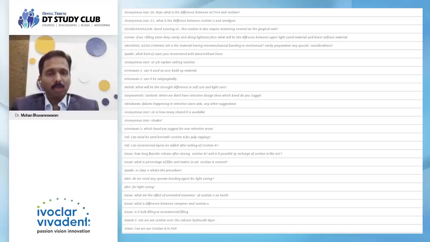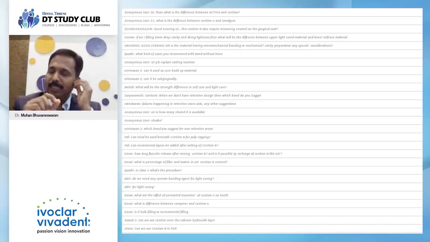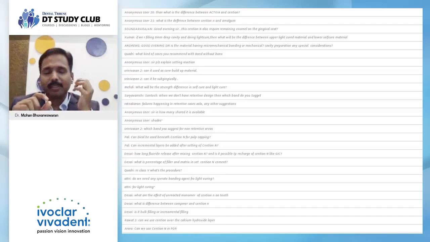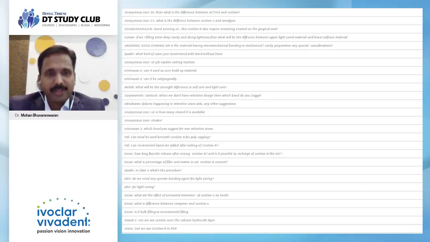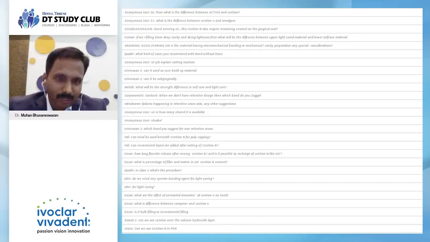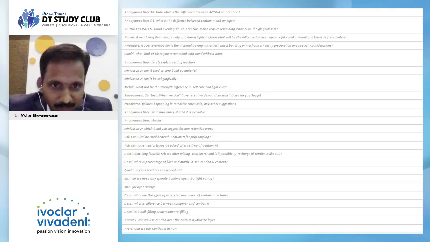I told you that the cavity should have at least 1 to 1.5 mm thickness of tooth structure. If I'm doing a cusp capping, then bond it and then use it. Otherwise do not bond it unnecessarily. It's not necessary.